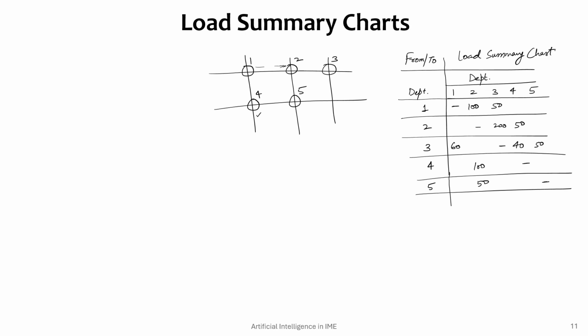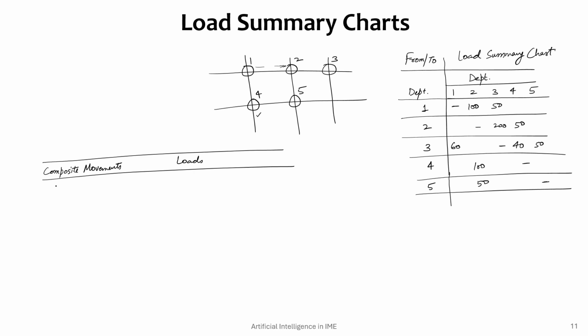Now let us create the final movements between these departments. We will first write the composite movements and the loads. Composite movement is nothing but, let's say you have the data for the load between department 1 and department 2, and you also have the data for the load between department 2 and department 1. The total sum of both of these loads is your composite movement between 1 and 2.